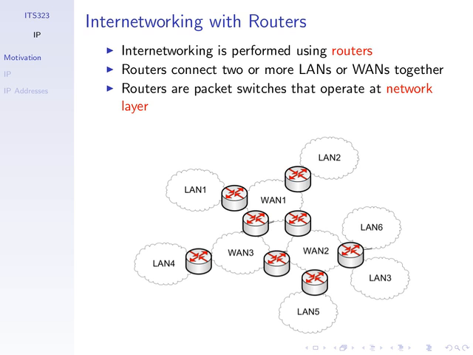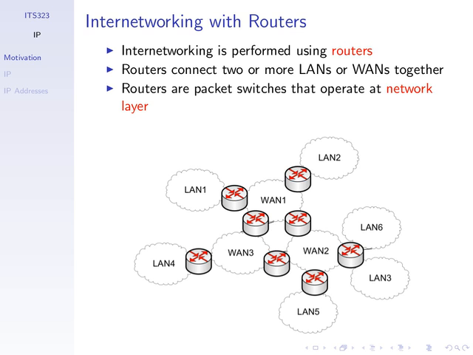So in this example, we just have clouds representing individual networks, and they're connected together via these devices, and they all represent routers. So a router connects one network to another network, two more LANs or WANs together. So this one connects two networks together. Do we have another? This router connects three networks together. So in general, two or more networks are connected via a router.